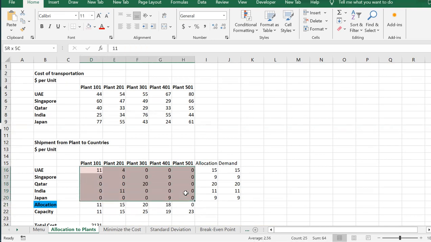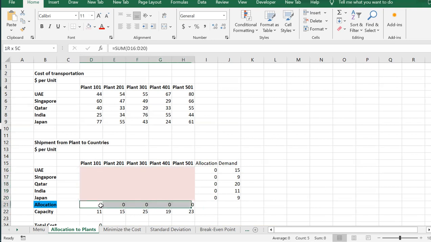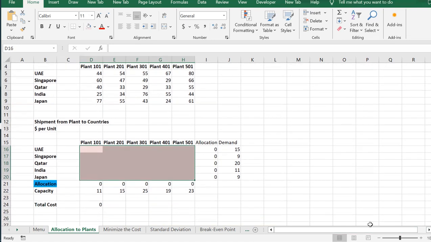Now Excel will help you allocate. Right. So what you will do is set a formula here that is the sum of all the allocations when they come up here. So the data will be plotted by Excel, right?